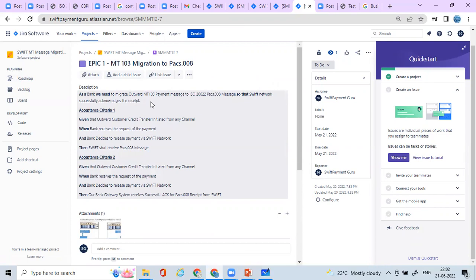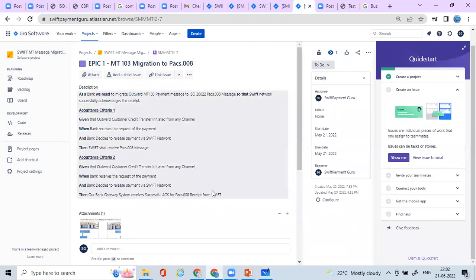This is their basic requirement. When you go through the backlog and product backlog refinement calls, you would then have the acceptance criteria, which you would derive from the product owners and the stakeholders themselves. And they would sign off on these epics as well.